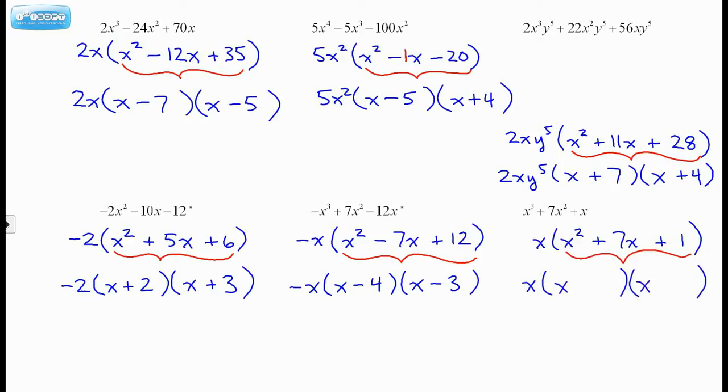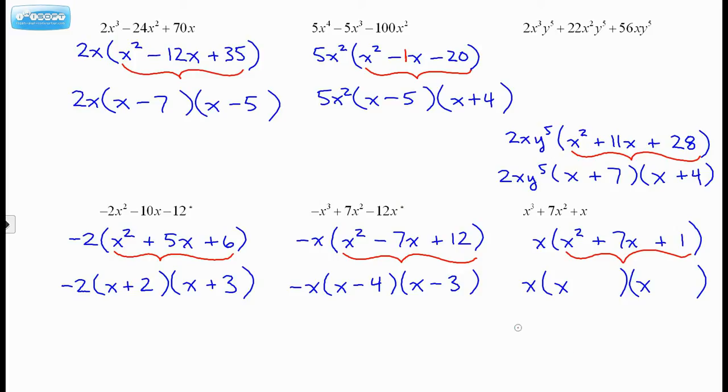So we need to find numbers that multiply to 1 but add to 7. I don't think that's possible. Well, the only numbers that would multiply to positive 1 that are whole numbers are 1 times 1, which adds to 2, or negative 1 times negative 1, which would add to negative 2. So it turns out there aren't two magic numbers that work. So we actually can't really do anything.